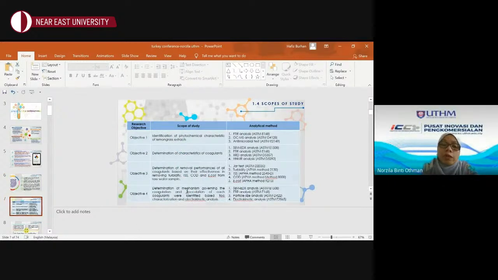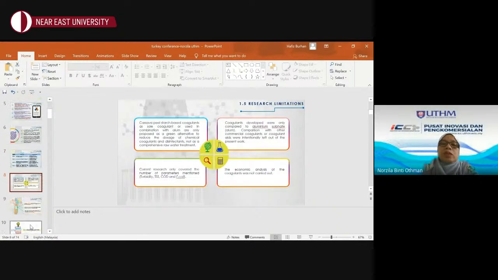The scope of the study is designed following the objectives of the study. Some of the limitations in this research are that cassava peel starch-based coagulant, as sole coagulant or used in combination with alum, is only proposed as a green alternative to reduce the dosage of chemical coagulant and disinfection. Coagulants developed were only compared with aluminium sulfate, which is one of the common coagulants used in water treatment in Malaysia.